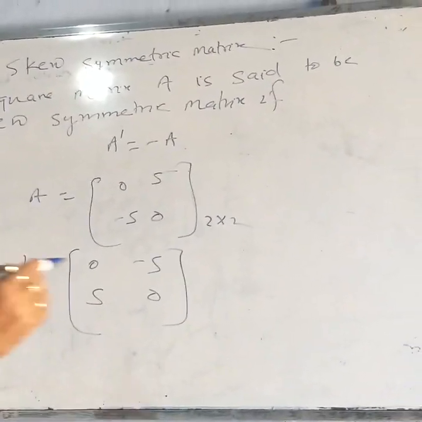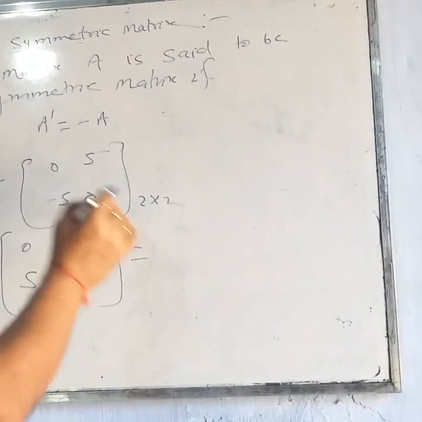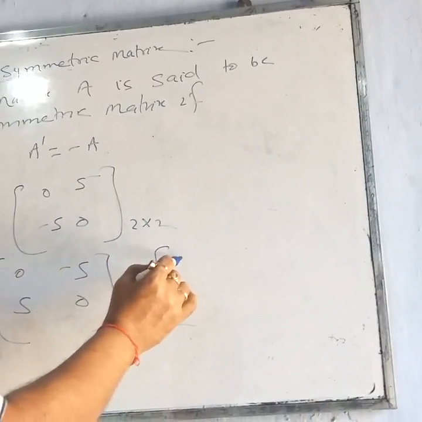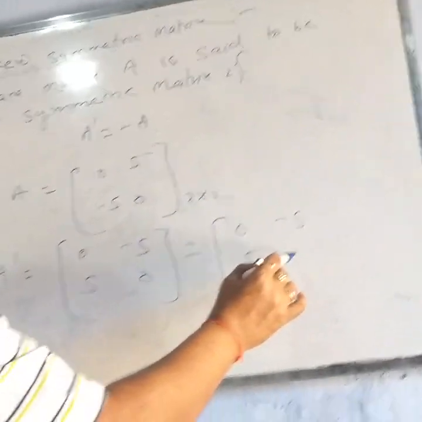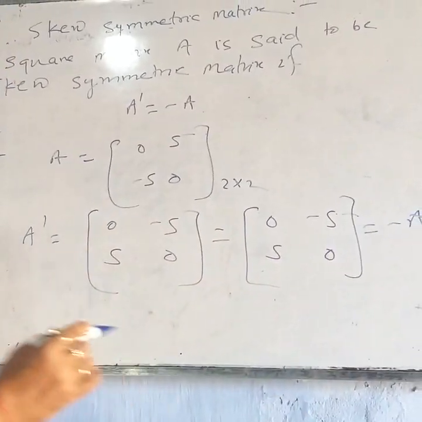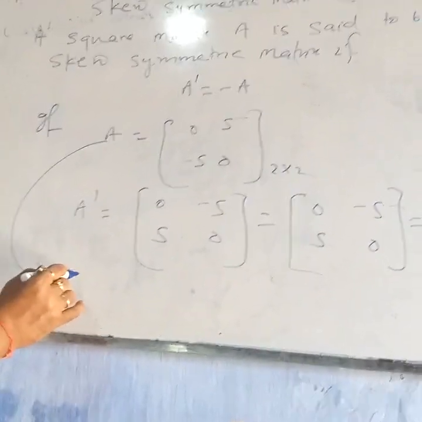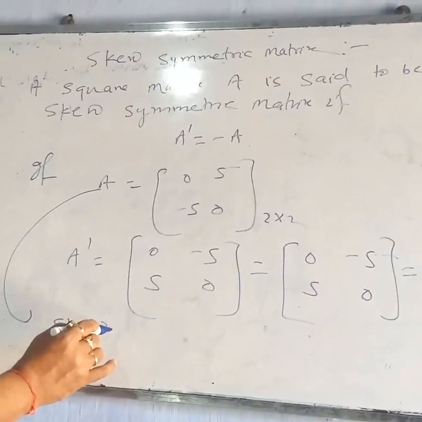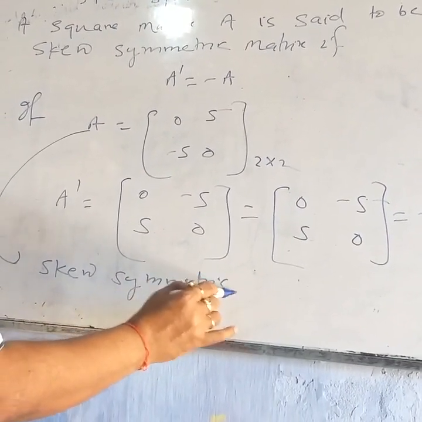So we see that if we multiply each element by minus 1, we get 0, 0, minus 5, that is 5, 0, which is equal to minus A. Therefore this is a skew symmetric matrix.